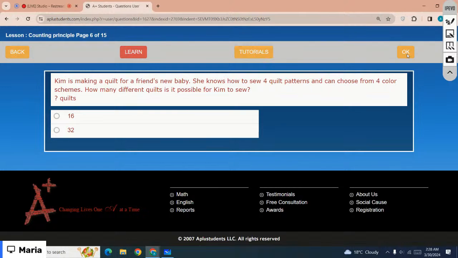So which is the correct option? 4 times 4, 16 quilts you can do, right? The correct option is 16.